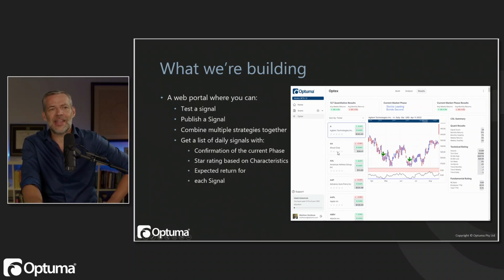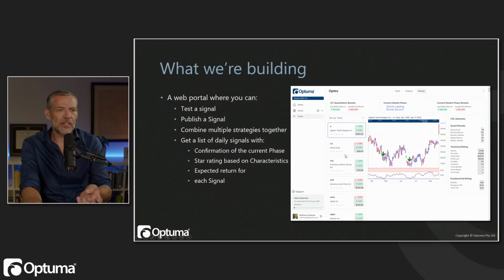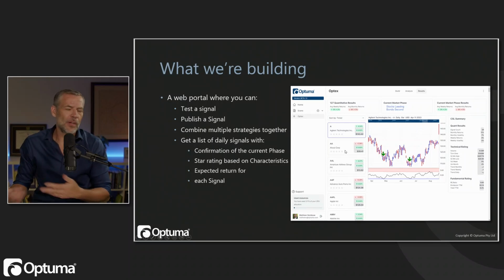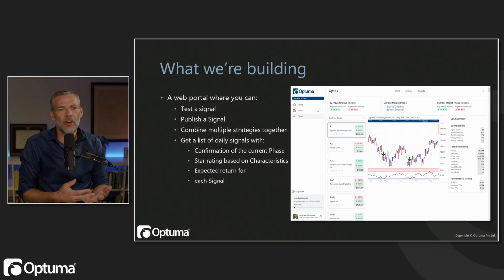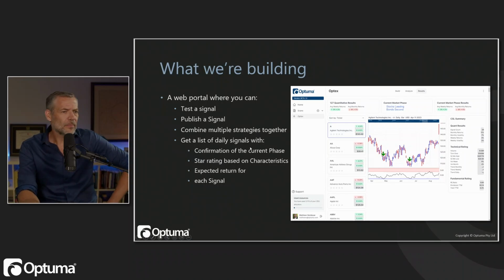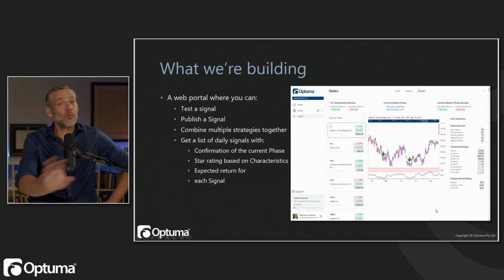And so I get that quant rating right here when I get my scan results, and I can decide whether I'm going to take that signal or not as well. So again, we have the confirmation of the current phase, the star rating based on the idiosyncratic characteristics, and then the expected return based on the quant analysis as well. And then we're building in some technical ratings and fundamental ratings as we do that. So this is what we're working on.